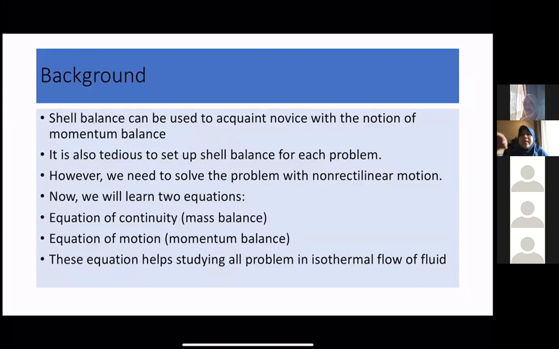After that you make the shell mass balance and shell momentum balance, and then you get the differential equation of the momentum flux, and then you can integrate that and find the boundary condition related to the momentum flux. After that you put Newton's law of viscosity into the momentum flux, and then you get the velocity differential equation, and after that you can do the integration again with the boundary condition, then you get the velocity profile, right?